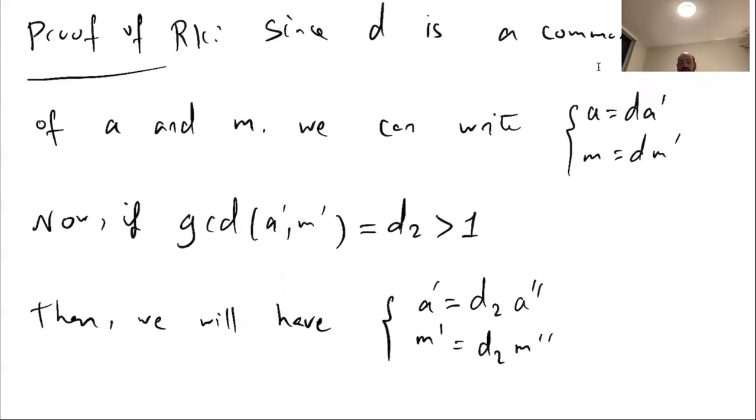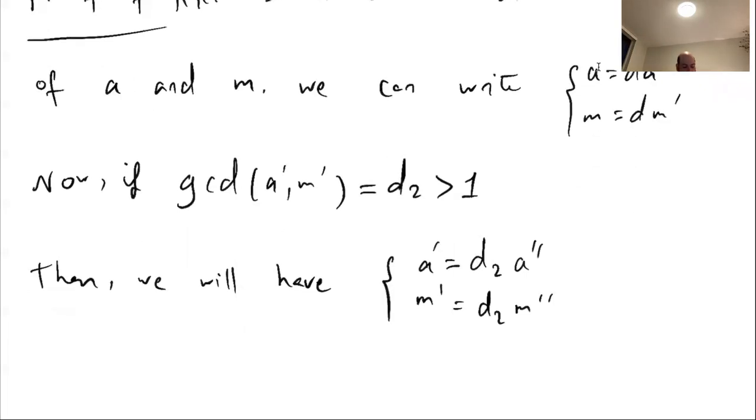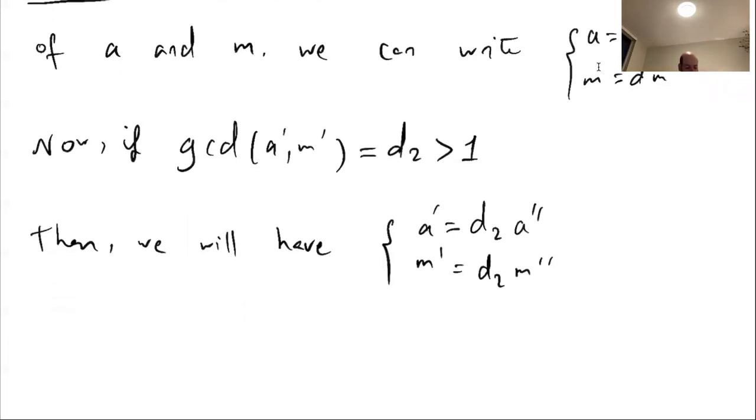So if A prime and M prime have GCD of D2, I can write A prime and M prime this way, D2 times A double prime and D2 times M double prime. And hence, now if I replace this back into this, what do we get?